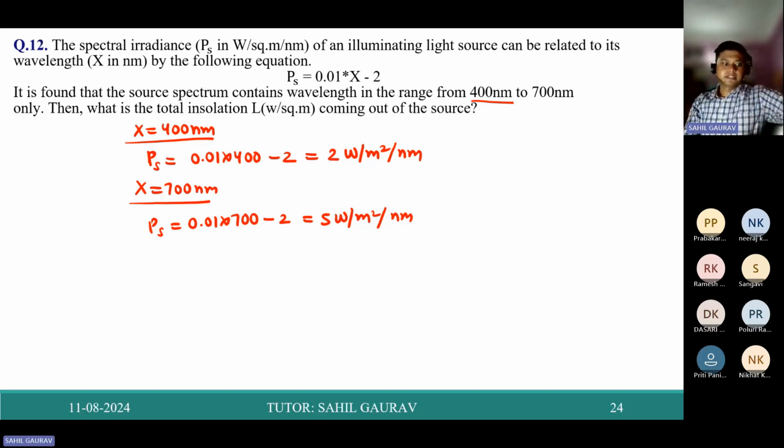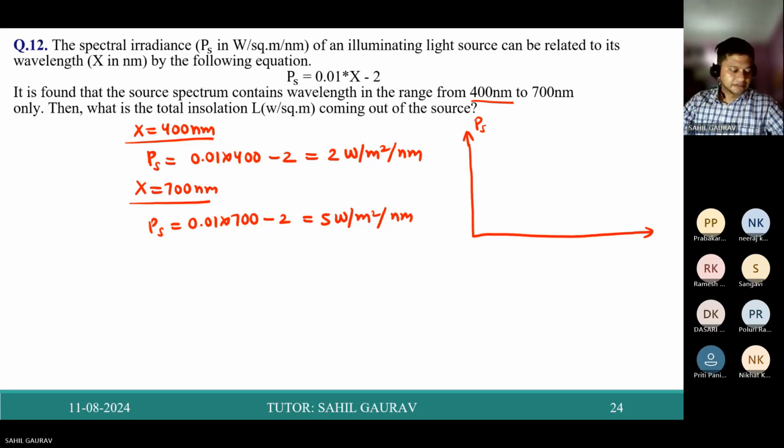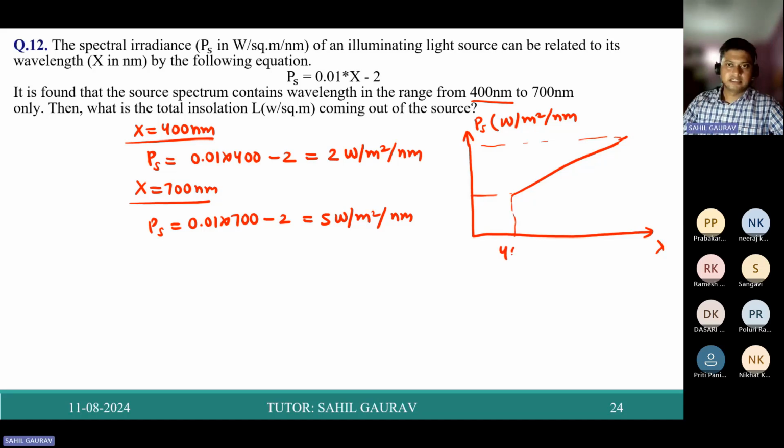Now if we plot spectral irradiance PS versus wavelength, in watt per meter square per nanometer against lambda, the first point is at 400 nanometer and this is 700 nanometer.